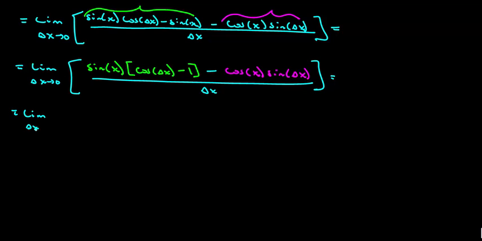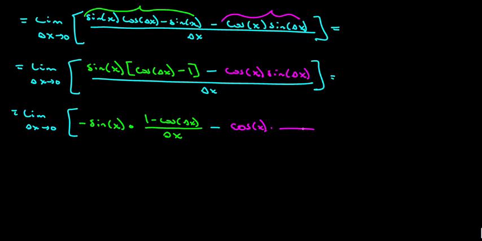Limit as delta x goes to 0 of, on this first guy, I'm going to factor out a negative 1, and I'm going to get negative sine of x times 1 minus cosine of delta x over delta x, minus, this guy in the back, I'm going to pull out the cosine x, and it's going to be sine delta x over delta x, like that.